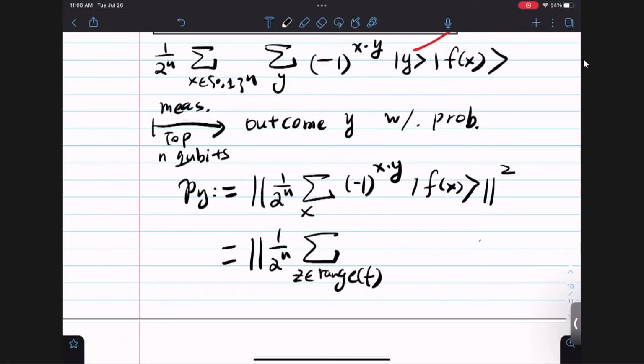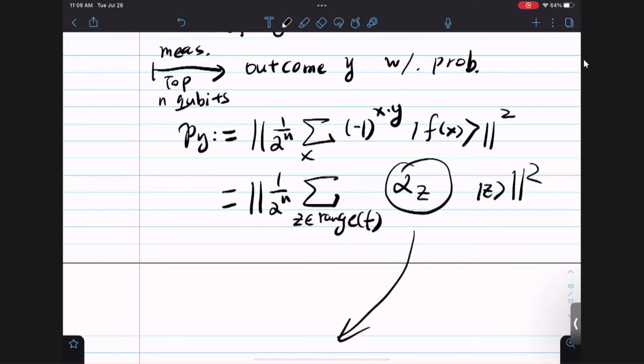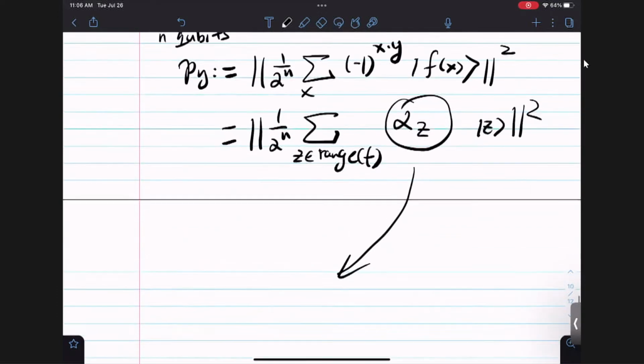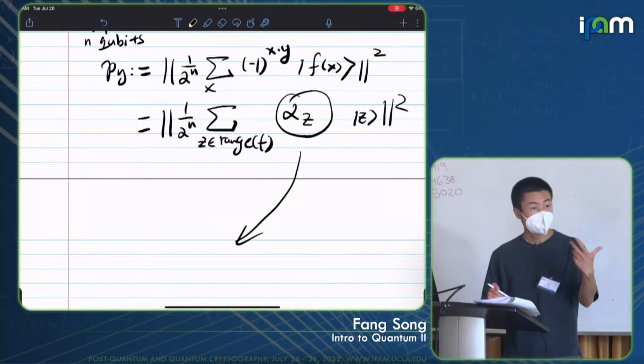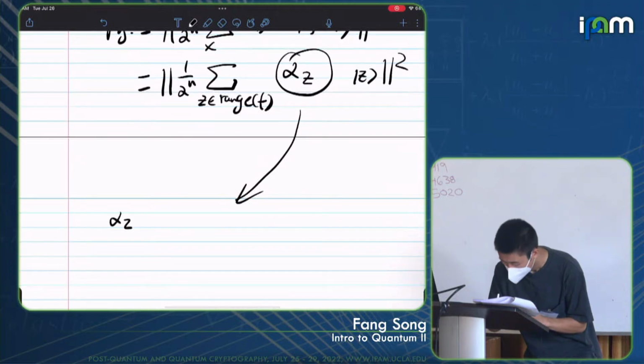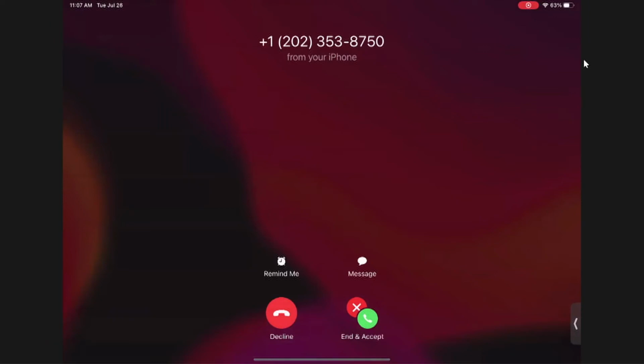So for each possible function value z, I have some coefficient here, alpha z. Let me write down this alpha z down here. Again, there are just going to be two terms corresponding to this function value z. Let me call one of them x.